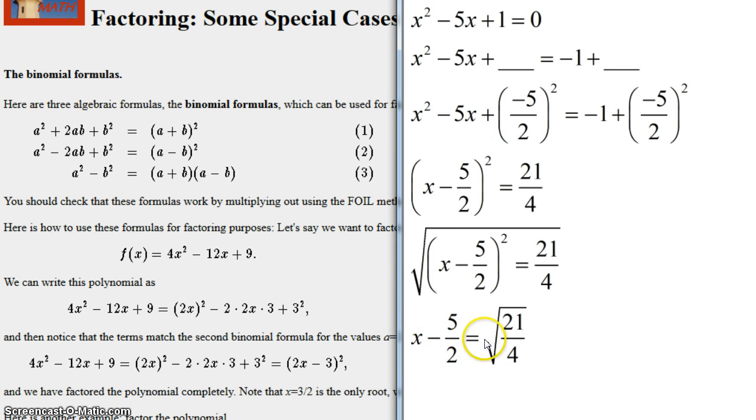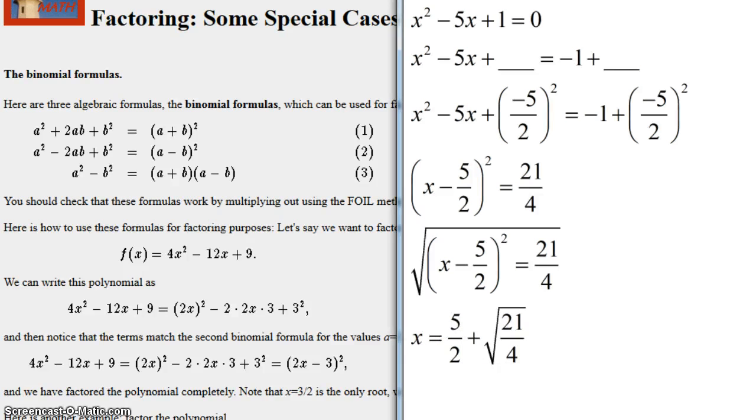Whenever we take the square root, generally we'll put a plus or minus sign, but we'll leave it for now. And then we'll just add this to both sides. And that should be our solution.